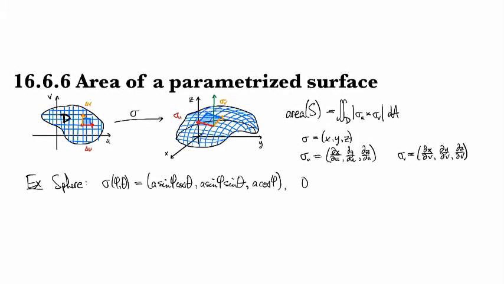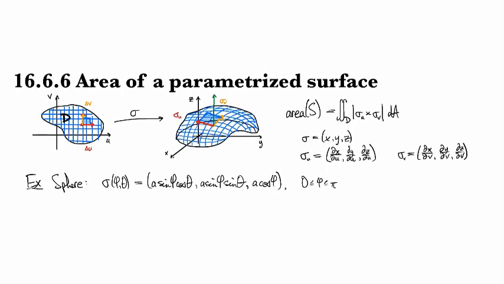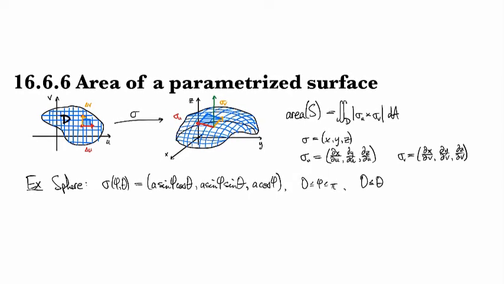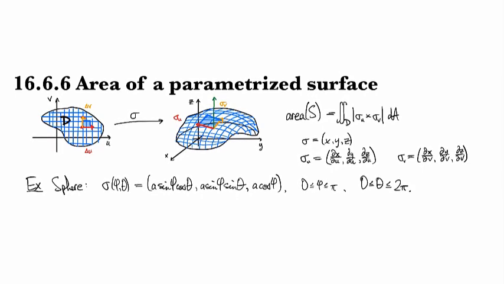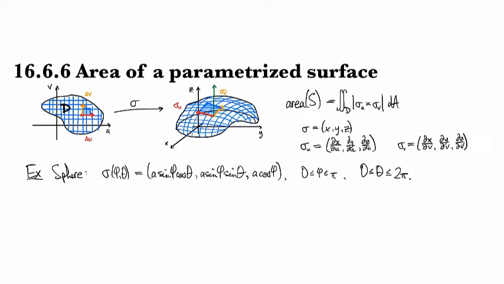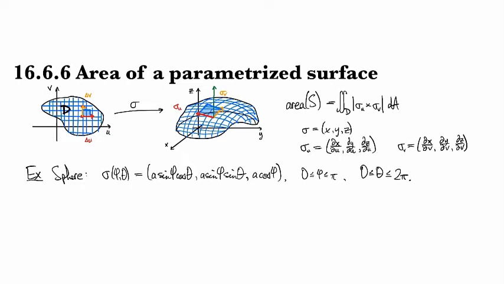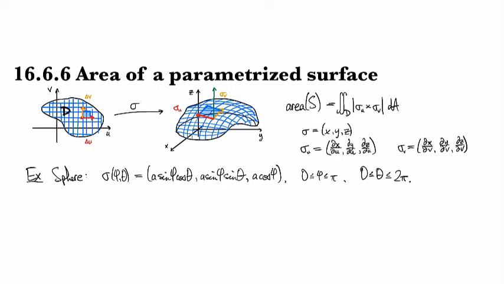This was for phi going halfway around, starting at the top and going to the bottom, and then for theta going all the way around. So again, this is just like spherical coordinates, except we're not doing the solid object, just the surface of it. So instead of having a rho that varies through an interval, we just have a fixed value A, and that's going to be our radius.